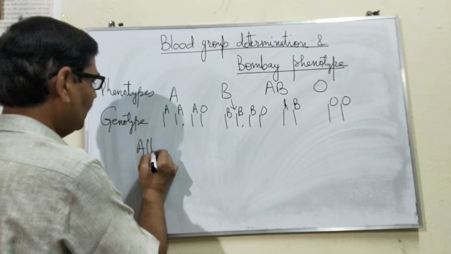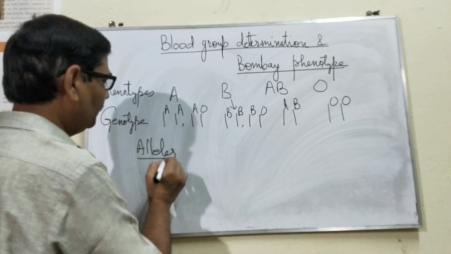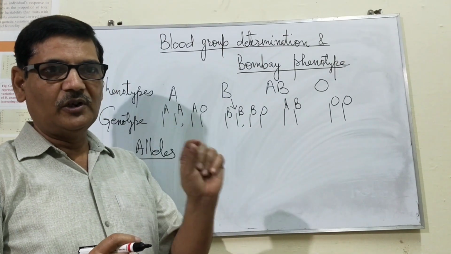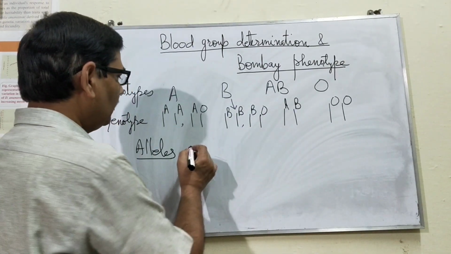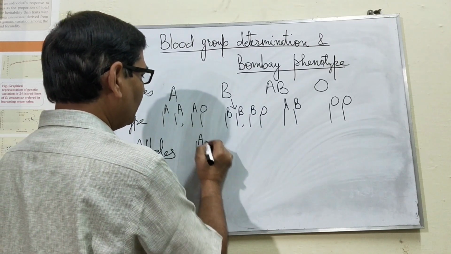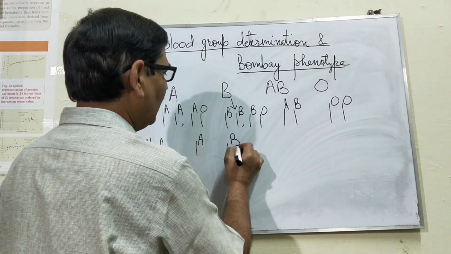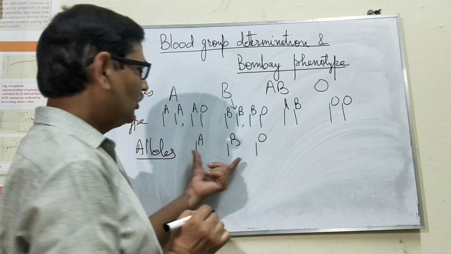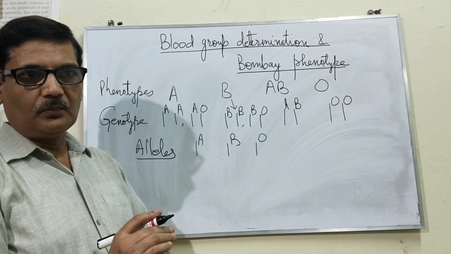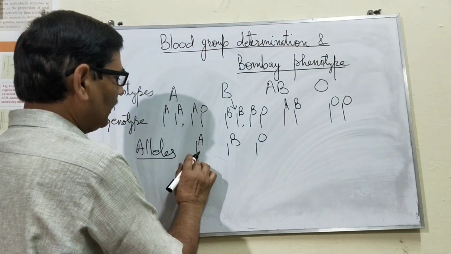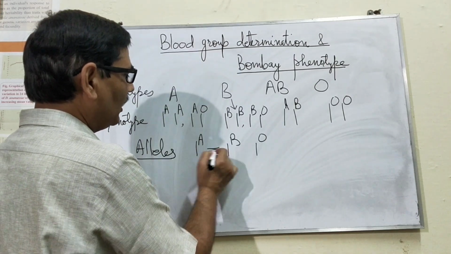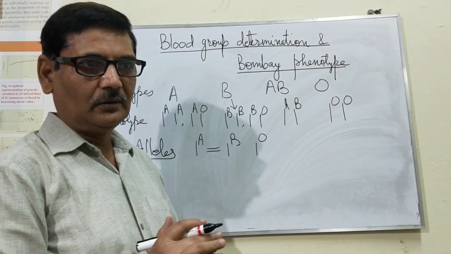But if you go through the genetics of blood group, we find that there are 3 alleles. In fact, there are 3 alleles of that specific locus which determines blood group, and these 3 alleles are IA, IB and IO. So this IA and IB, they are co-dominant to each other.